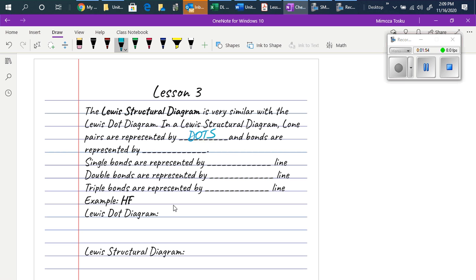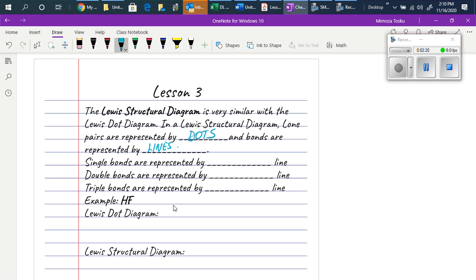Now, when we talk about the Lewis structural diagram, what do we see? Two electrons that are connected together are represented by lines.